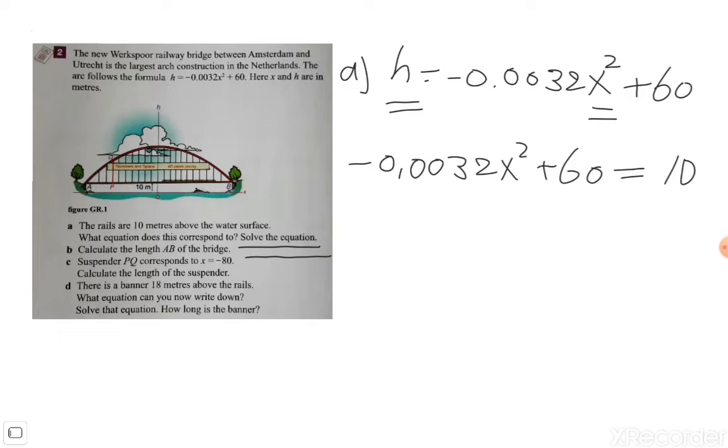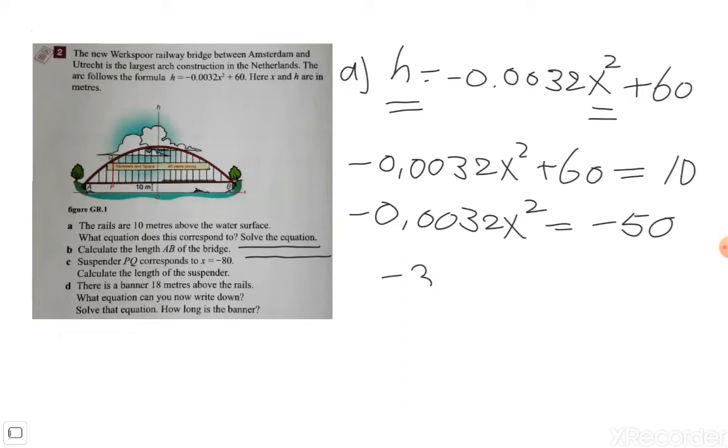So on both sides subtracting 60, then you get minus 0,0032x squared is equal to minus 50. What you can do is divide both sides by minus 0,0032, but I can't do it without a calculator. So I multiply it by 10,000.